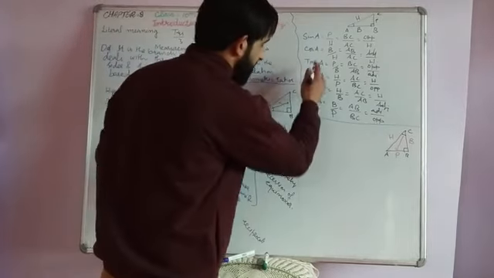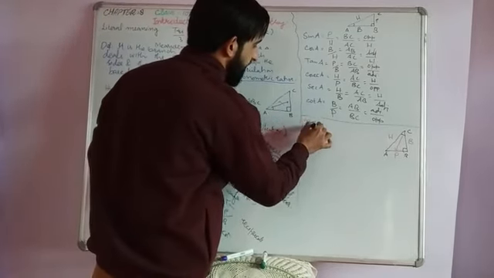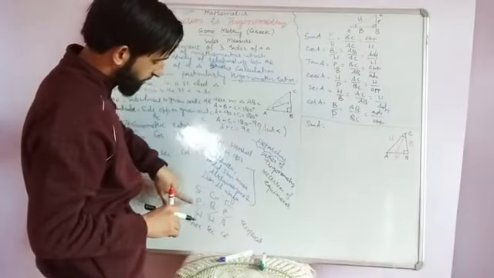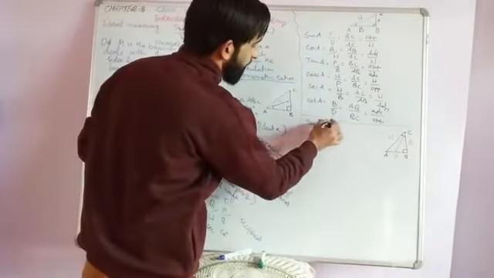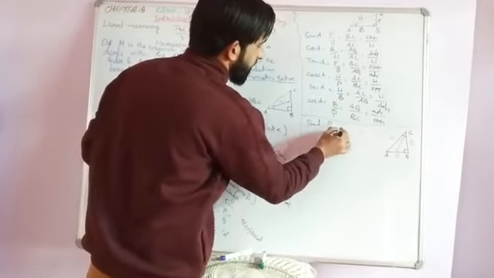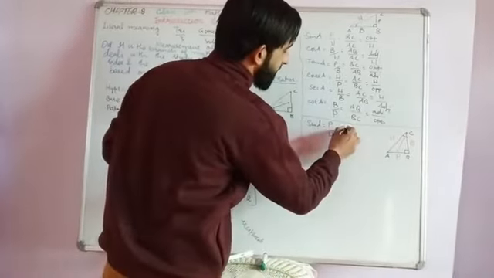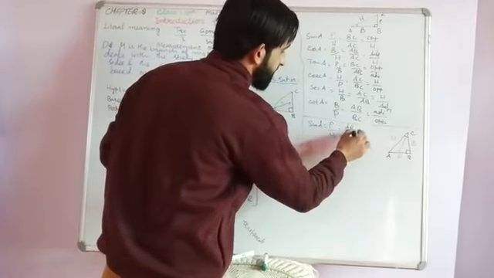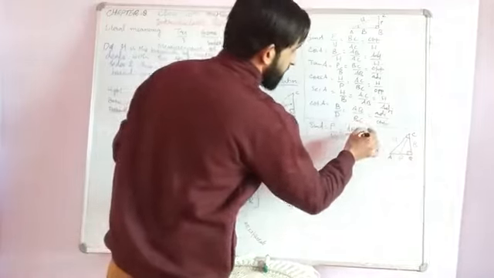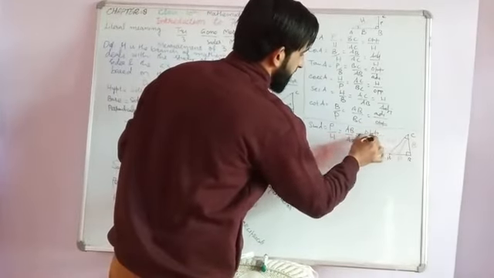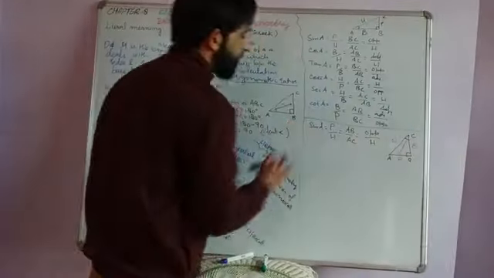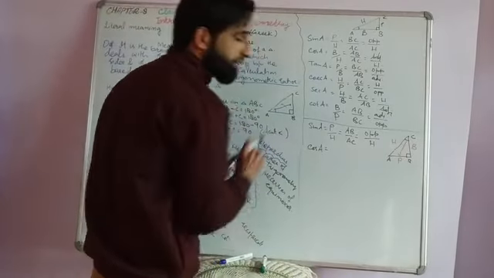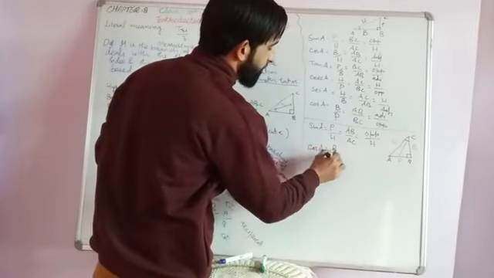Now, calculating once again these 6 ratios in the same manner, sine is equal to perpendicular divided by hypotenuse. Perpendicular here is AB divided by hypotenuse AC, that is the opposite side to the given acute angle divided by hypotenuse. Then cos is equal to base upon hypotenuse.